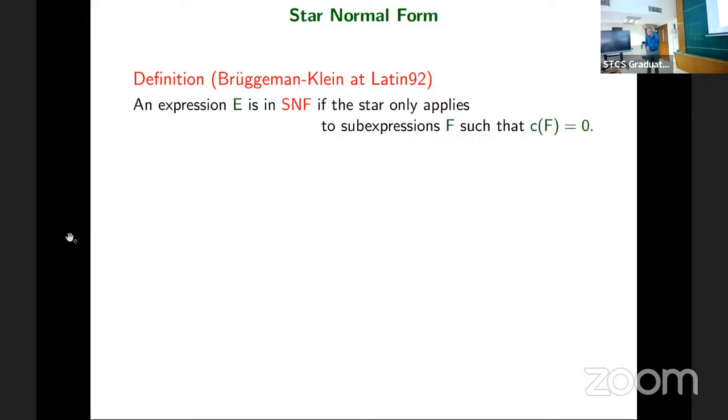The idea was of Brüggemann-Klein: given an expression, if you start from any expression, it might be the case that the computation of the Glushkov automaton is cubic.